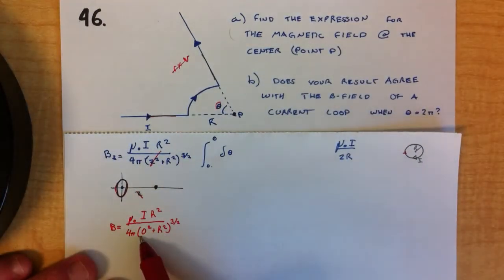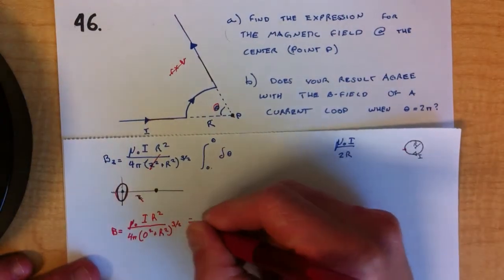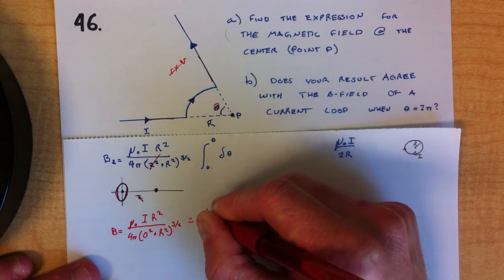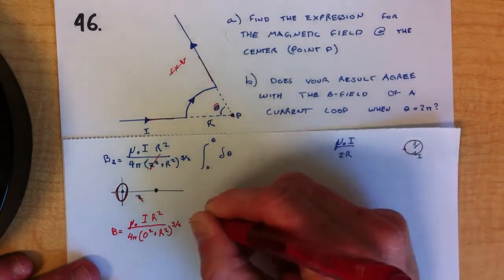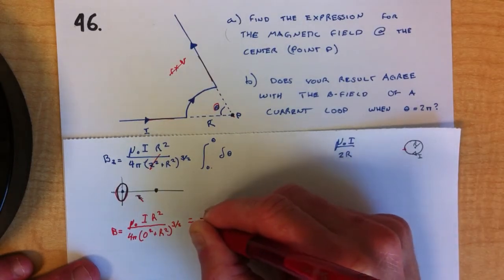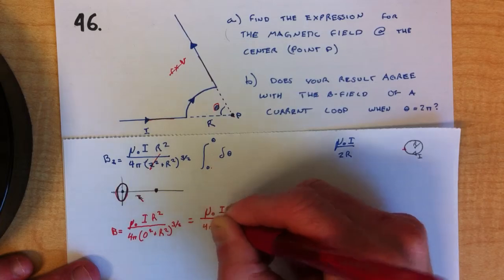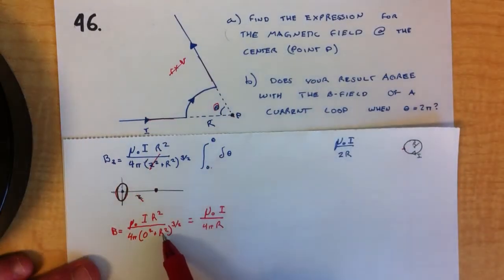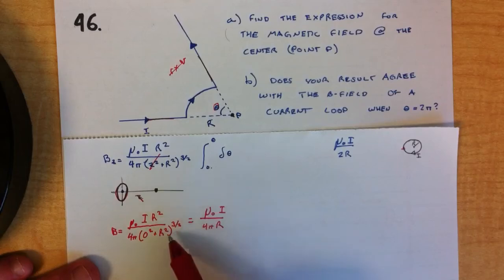We see something nice happen here right away. We have r's in the numerator and r's in the denominator. We're going to see some canceling happen. This is all just going to go to mu naught I divided by 4 pi r. You see this happen because when you raise an exponent to another power, you just multiply those two powers to simplify, and this is just going to be 0, so we don't worry about that.